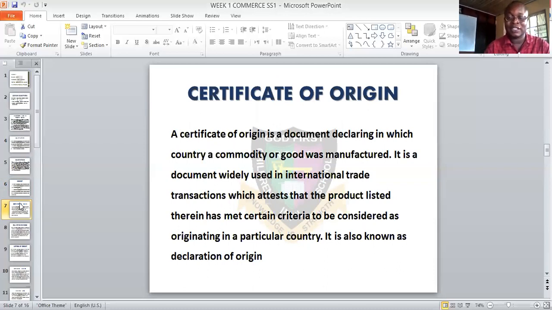It tells us where the good is being produced or manufactured. It is widely used all over the world in international trade transactions, and it attests that the product listed meets certain criteria.